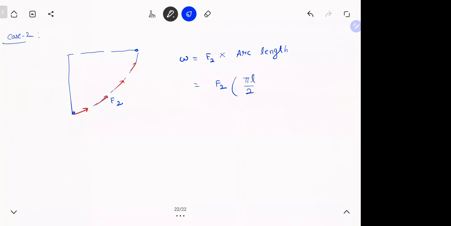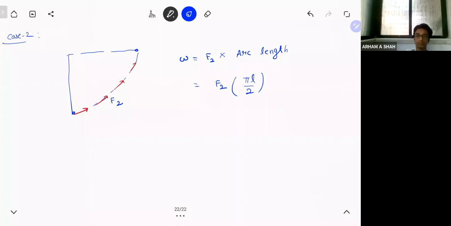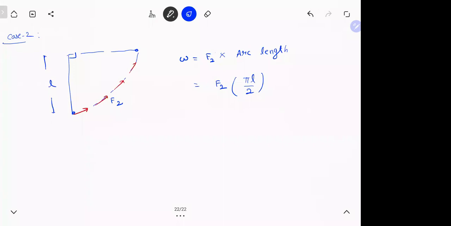Pi L by 2. 1/4 of a circumference. L is the radius. So displacement should be in the direction of the force. The force is tangential, so displacement will be tangential. Since F is tangential, the displacement also should be tangential displacement, or you can say distance.